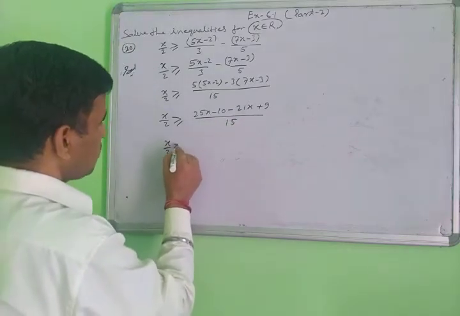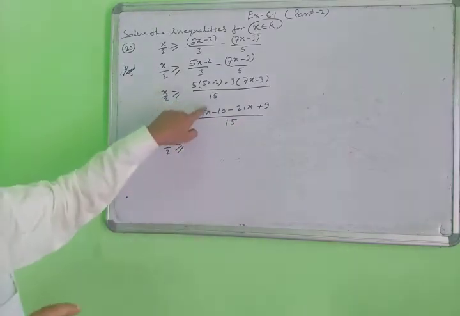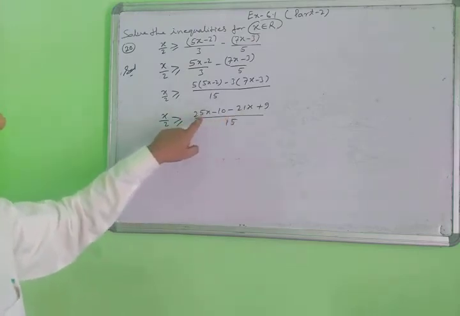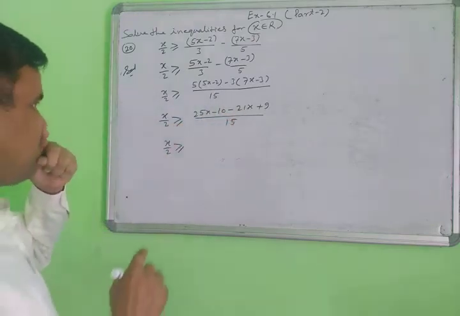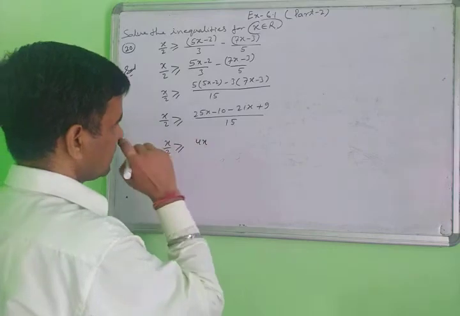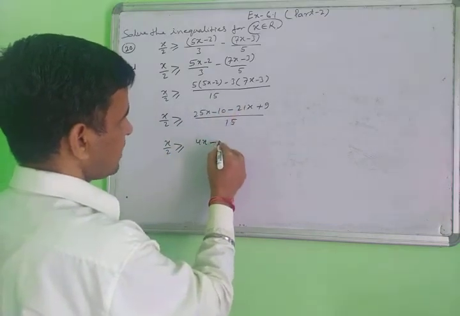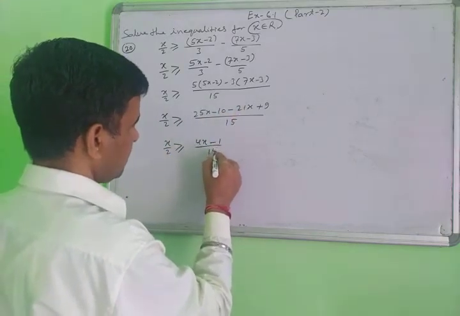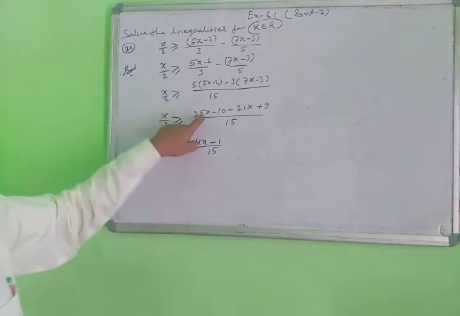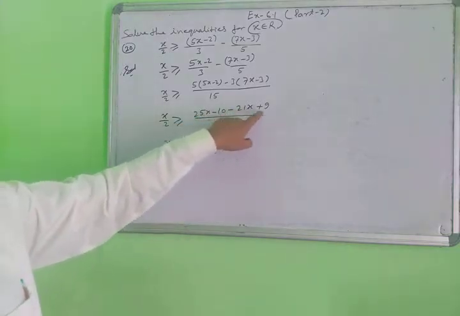Next, x upon 2. The multiplication work is complete, then you calculate: 25x minus 21x is 4x, and minus 10 plus 9 is minus 1, upon 15. What is left here? 4x minus 1.